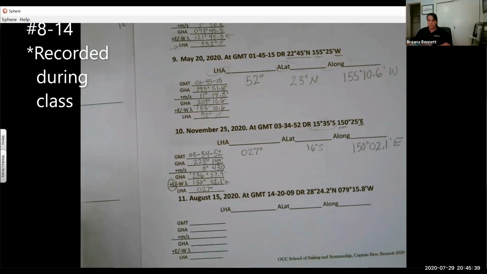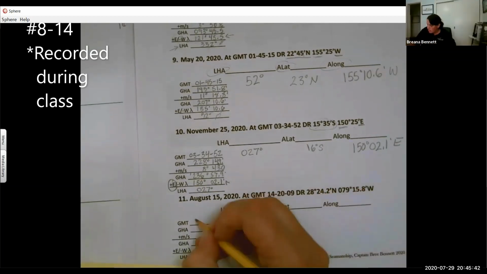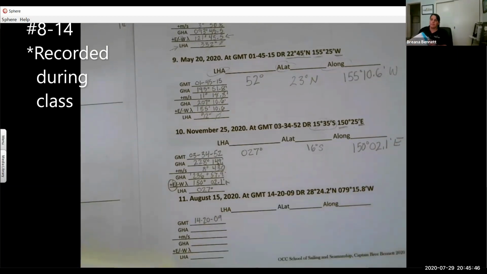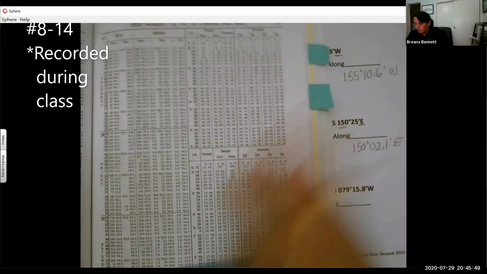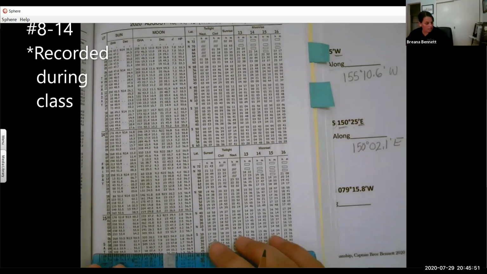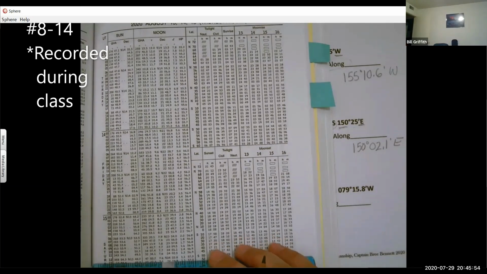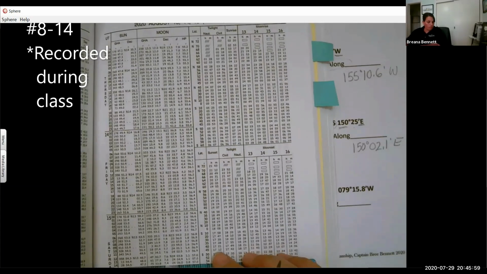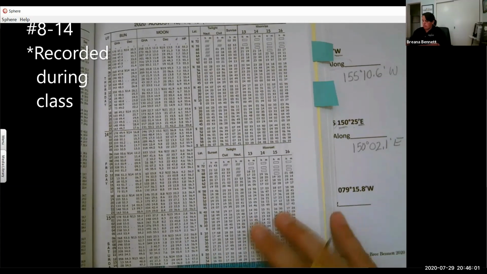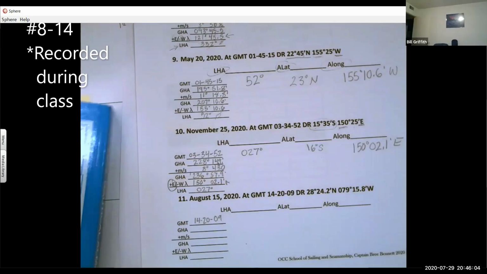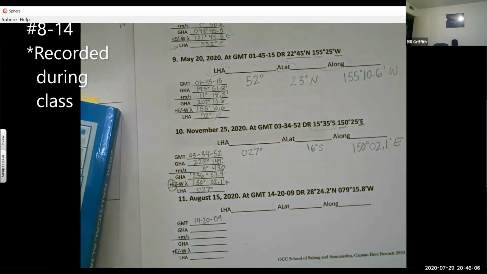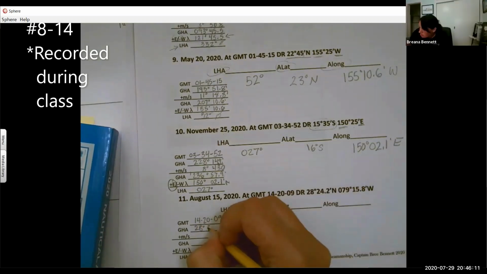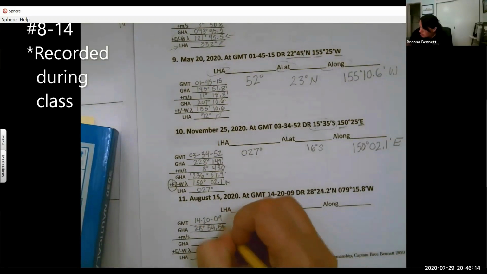All right, so we're at August 15th. Our time was 14:20:09. August 15th is 28:54.5, so 28 degrees, 54.5 minutes.